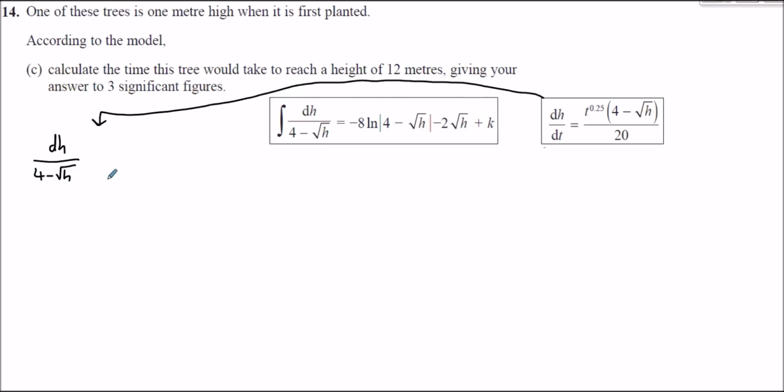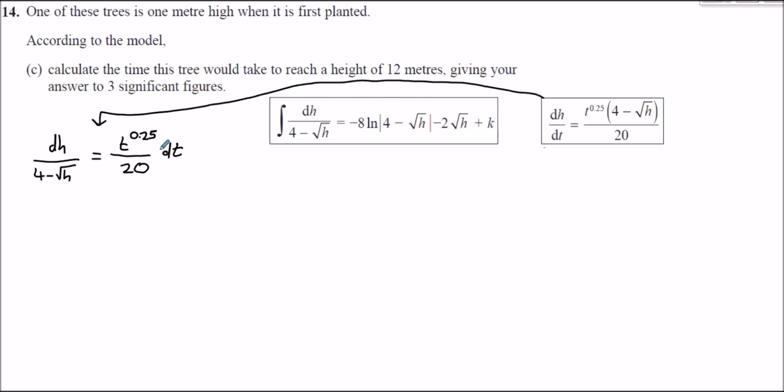And at the same time, if I multiply both sides by dt, then on the other side, I'm going to get t to the 0.25, still over that 20, with respect to time.